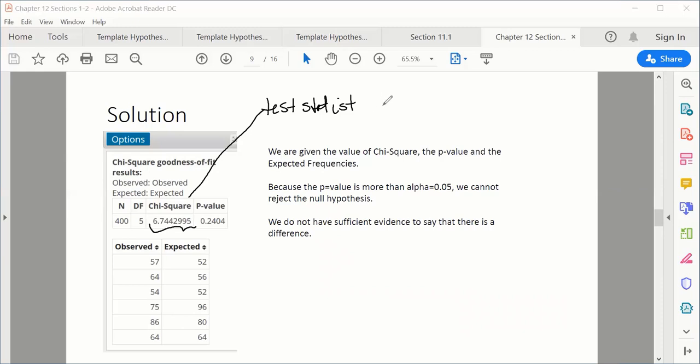It's now a chi-square stat. And then we get a p-value. So our p-value is high, 0.24, which is more than alpha equals 0.05. So we cannot reject the null.